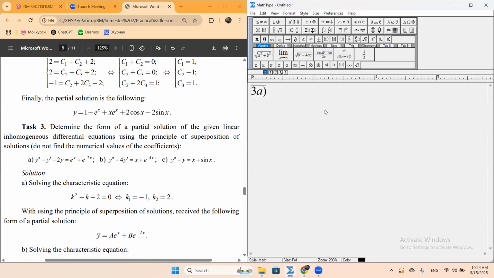So first of all, writing down the differential equation. y double prime minus y prime minus 2y equals e to the power of x plus e to the power of minus 2x.